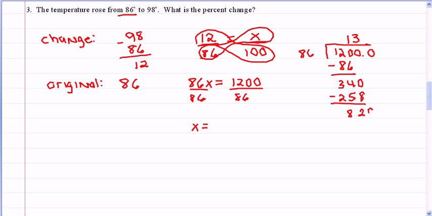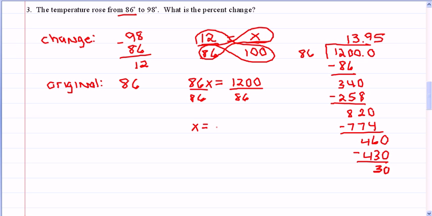And I'll add a 0. 86 into 820. 86 times 9 is equal to 774. Bring down one more 0, and this will be the last time. 5 times 86 gives me 430 with a remainder of 30.